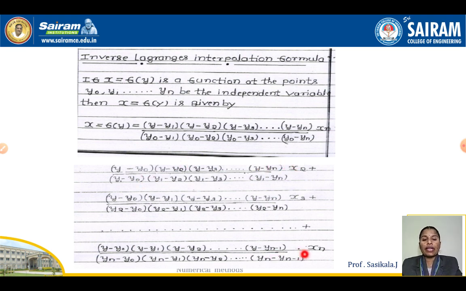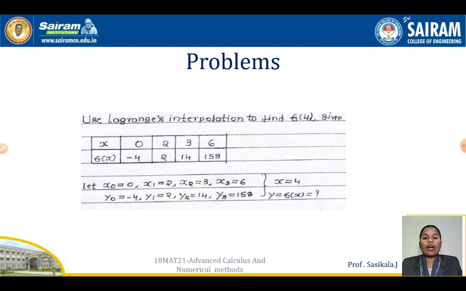For the product terms, y minus y0, y minus y1, y minus y2, etc. up to y minus y(n minus 1) only, you stop, similar to the Lagrangian interpolation formula. The denominator will be (yn minus y0) etc. (yn minus y(n minus 1)).